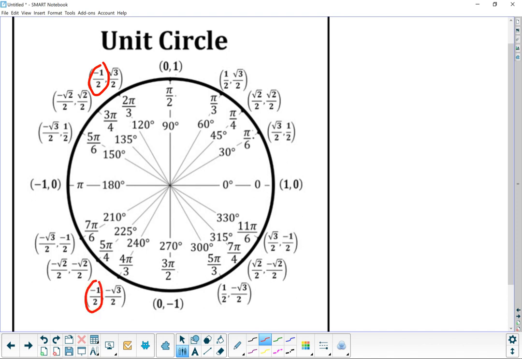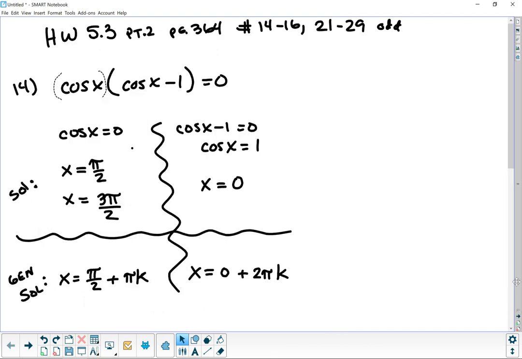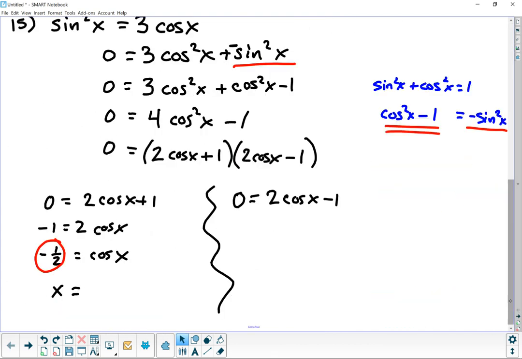So our two answers are going to be 2 pi over 3 and 4 pi over 3. So x equals 2 pi over 3, and x equals 4 pi over 3.